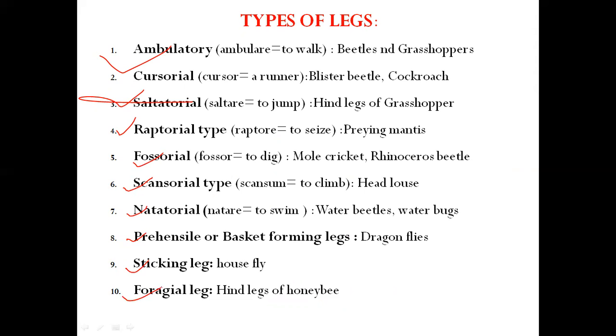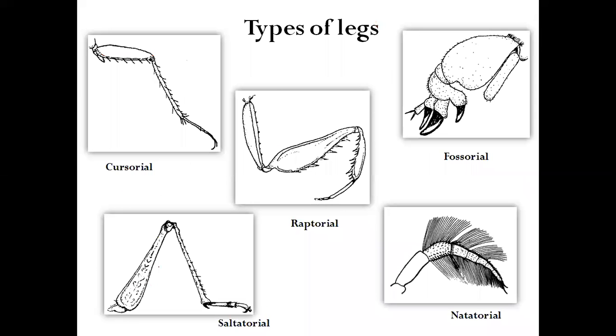Basically, the leg consists of the coxa, the basal part, then the trochanter, then the femur, tibia, tarsus, and pretarsus. These are the major parts of the structure of an insect leg.